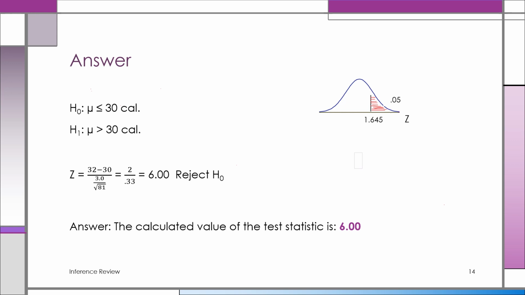And so we reject the null hypothesis. We reject H0. The average number of calories per slice is greater than the claim. It's not less than or equal to 30 calories. What's the answer to the question? The question was, what's the calculated value of the test statistic? And the answer is 6.00.